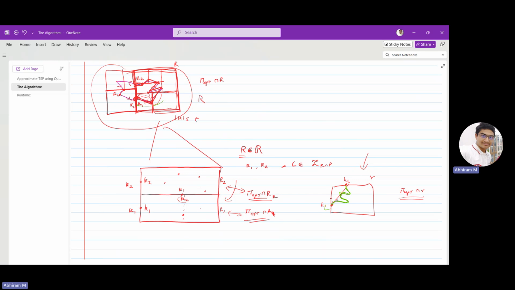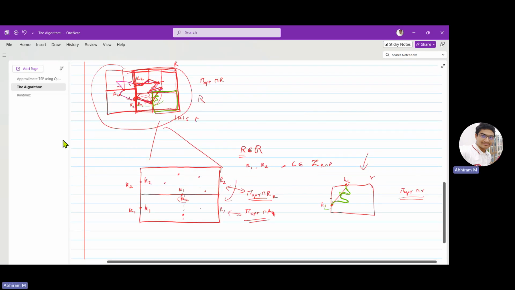If there was something shorter, then inside that rectangle in the original RBSP, we can just replace it like this, and that doesn't affect any other rectangle, so the rest of the solution remains unaffected. But this part becomes shorter, and so we get a contradiction, contradicting the optimality of pi opt. So this cannot happen. So we have a base case, we have our inductive case. So this tells us that we are good to go.